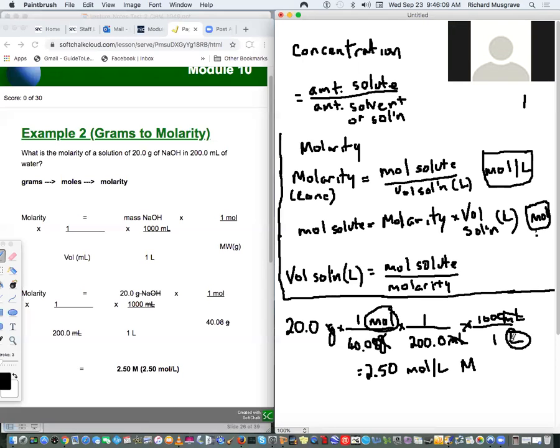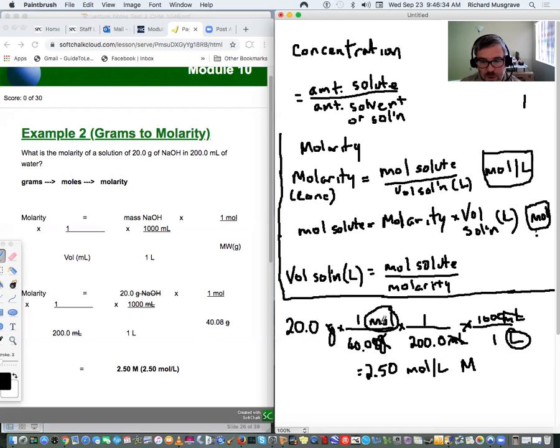All right, no worries. Anybody got any questions? Why do you put 40 grams under the 1 mole? Where do you get that from? Okay, now the 40.08 grams comes from the molecular weight of the sodium hydroxide. And the thing is, we needed to find a way to get to moles of sodium hydroxide.